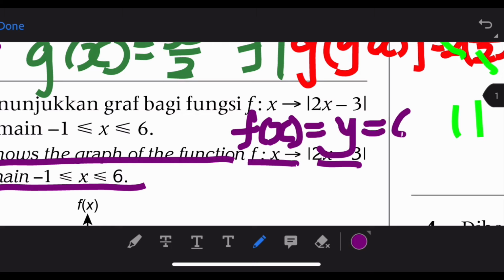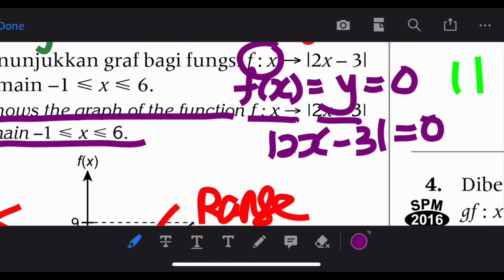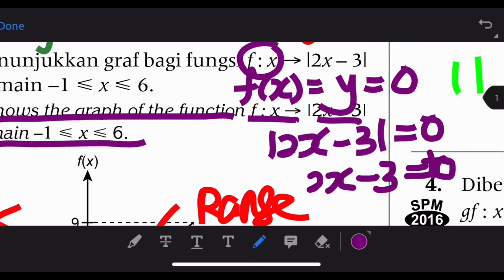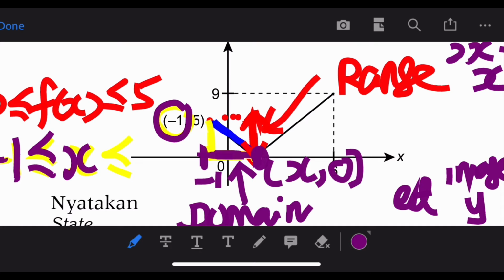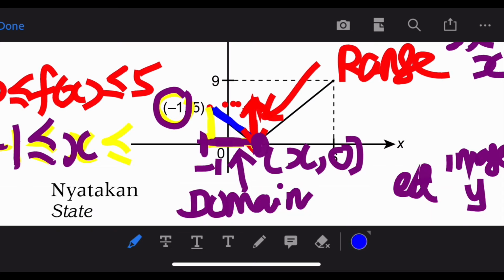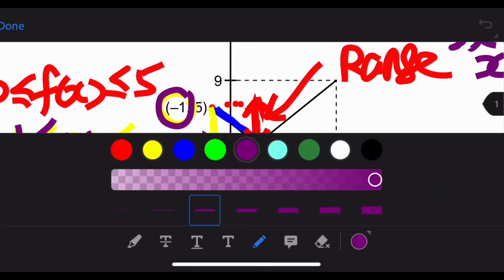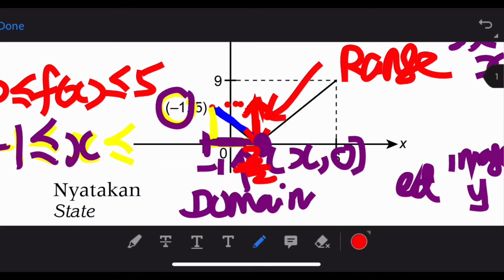So when you see f(x) is y, we substitute 0. Modulus 2x minus 3 equal to 0. When you open up the modulus, it is still 0, because positive and negative 0 is still 0. So x is 3 over 2. So we get the answer. The x at this point is 3 over 2.